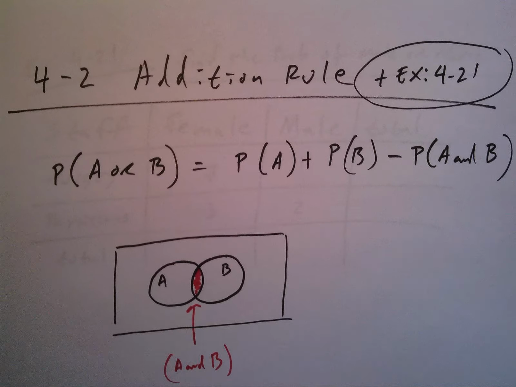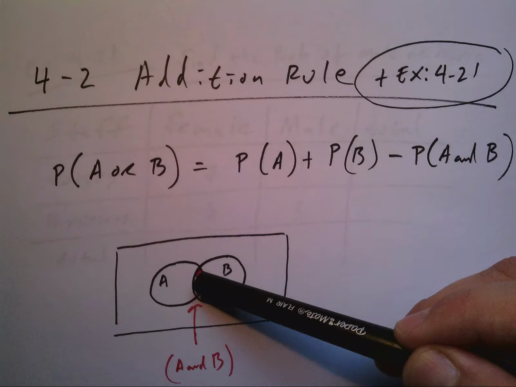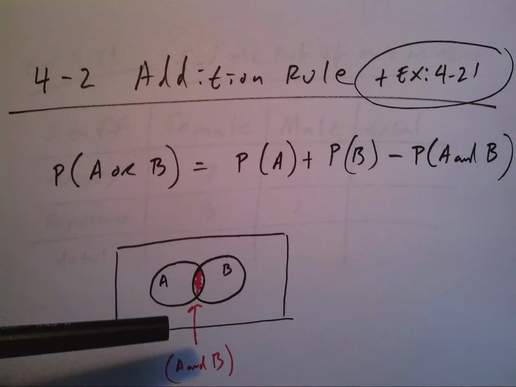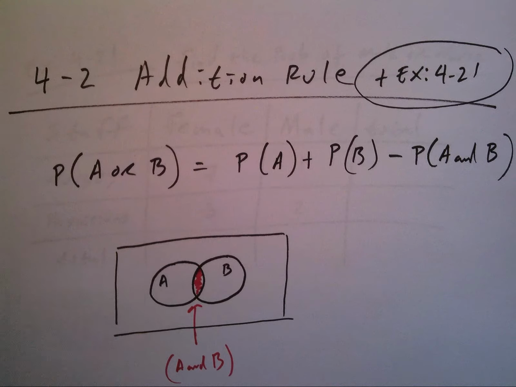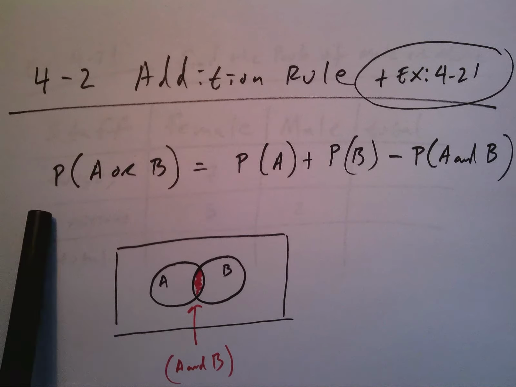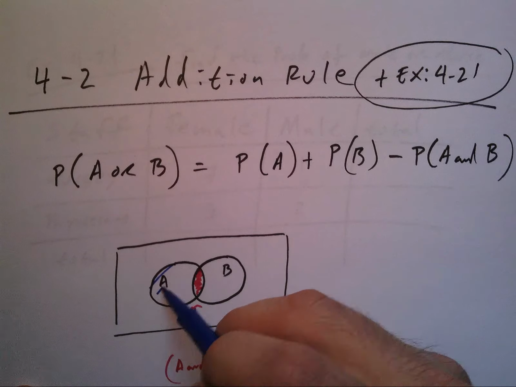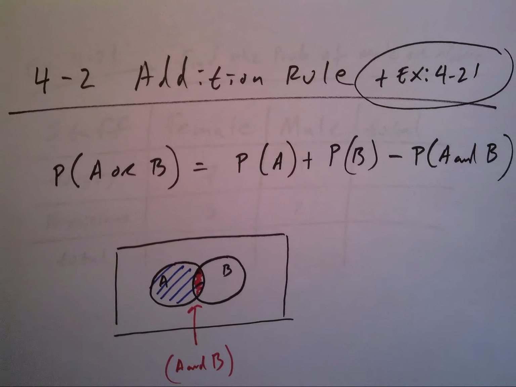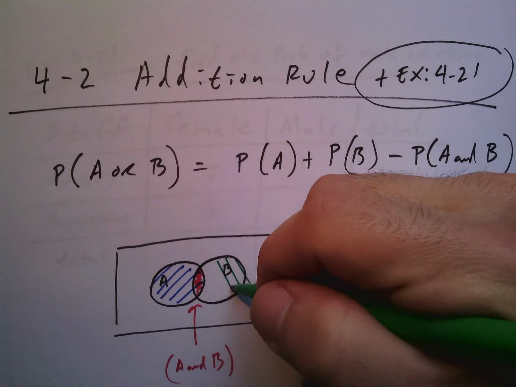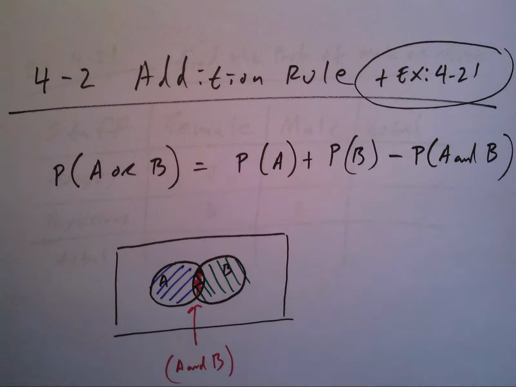That overlapping part is part of B, as I gesture at B, and it's part of A, as I gesture to A. That part is known as A and B. Now, if I want to find the probability of event A or B happening, that's equal to adding up all of A right now, including the stuff that's overlapped, plus everything that's B, shading everything that's inside of B, including the stuff that's the overlap.